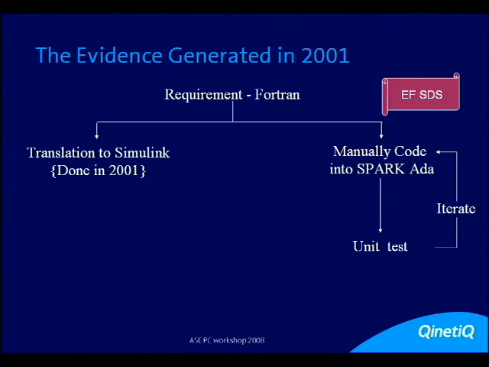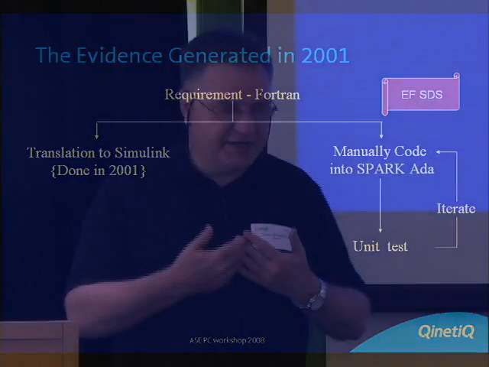Now, as part of our third-party assessment, so we're producing additional evidence from the point of view of safety certification, the requirement that was in Fortran was translated into Simulink. So that has an advantage in itself in the sense that Simulink is a nice paradigm for control engineers to actually understand what the control system is doing.